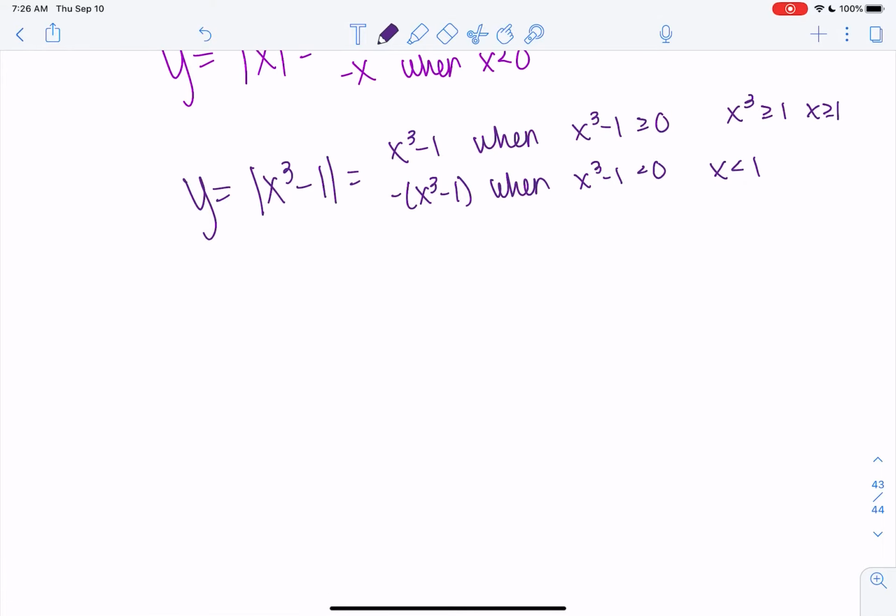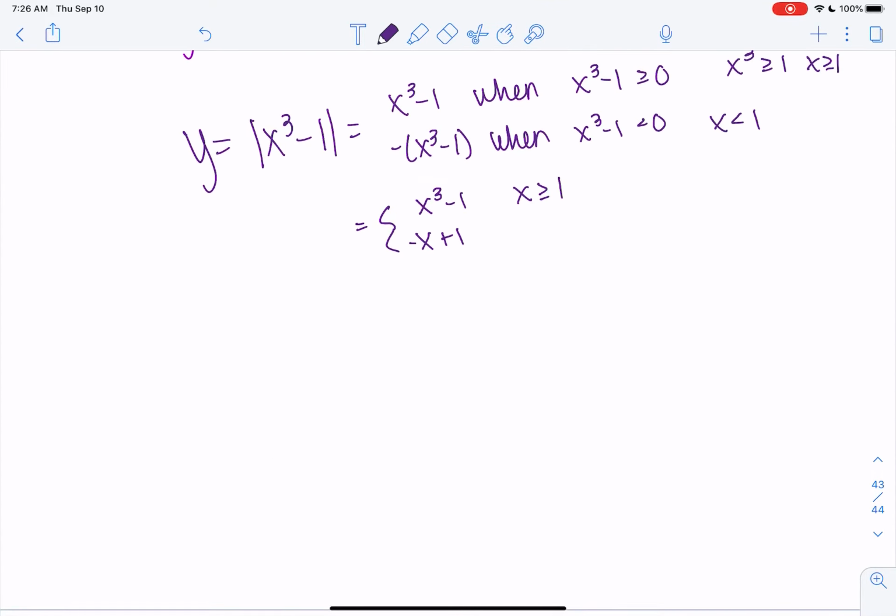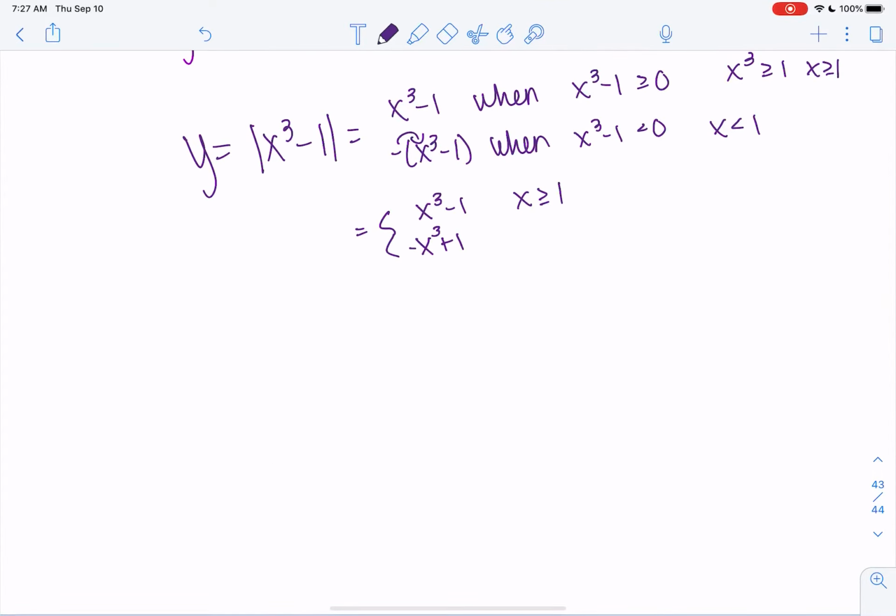So those are my pieces. Then we get negative x cubed plus 1 for the second one when x is less than 1. So that would be the other way of graphing.